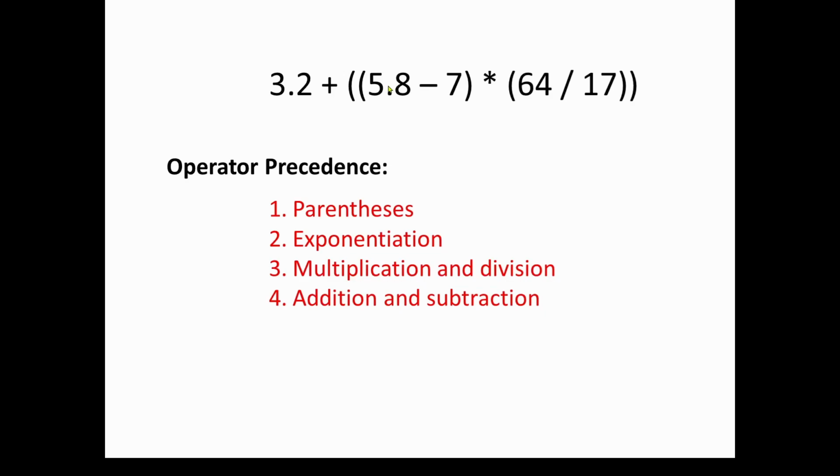So instead of being able to just go from left to right and say, okay, we'll take this value and this operator and the next value and the next operator and do them sequentially from left to right, now we're going to have to figure out a way that allows us to evaluate based on operator precedence.